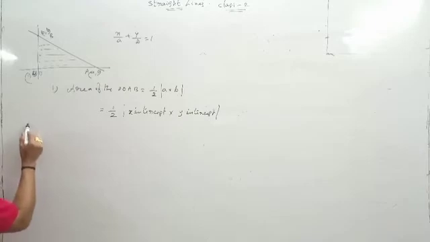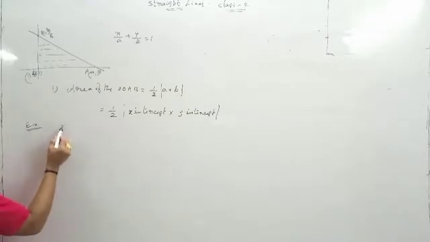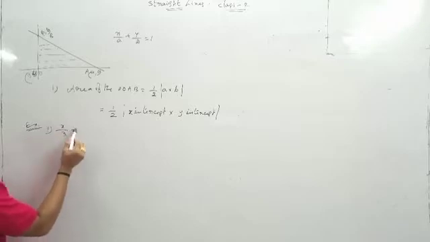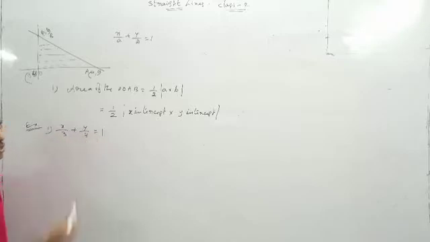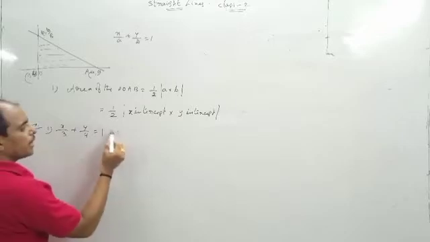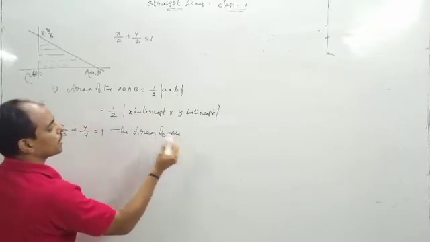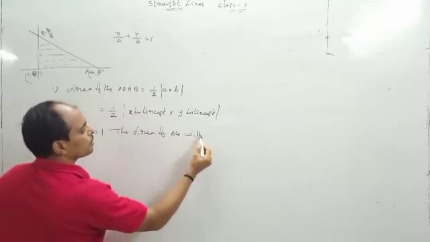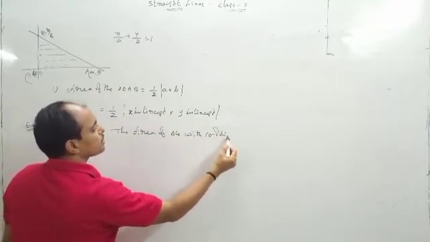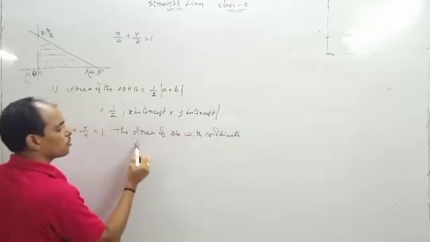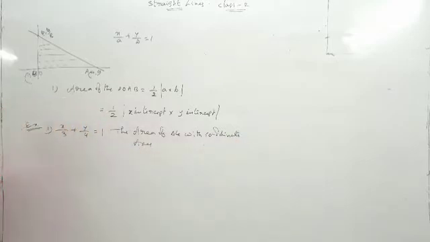I will give one example. x/3 + y/4 = 1. Find the area of the triangle with coordinate axes.